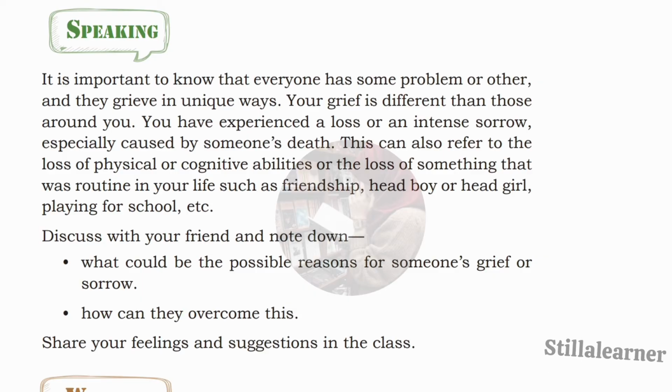Now we have to discuss these with our friend and note down what are the possible reasons for someone's grief or sorrow, and at the same time write down how they should overcome this. So we have to share our feelings and suggestions in the class.